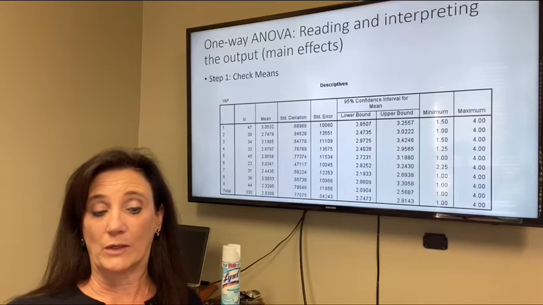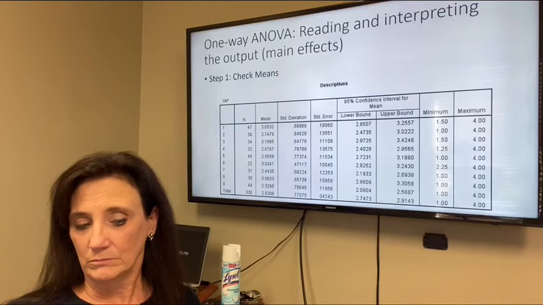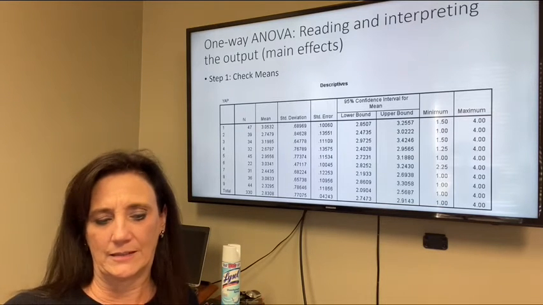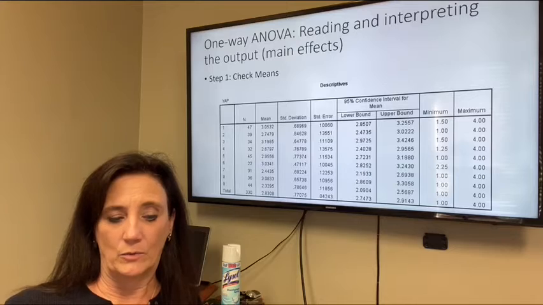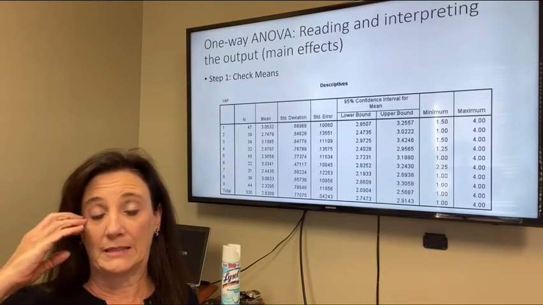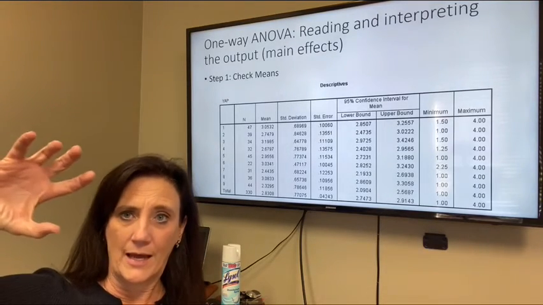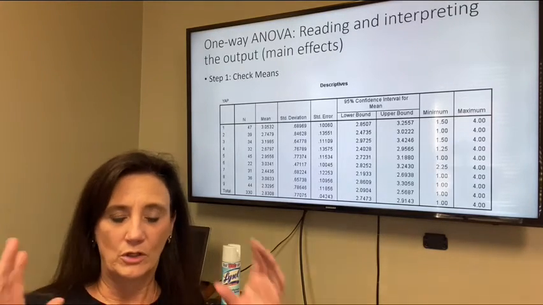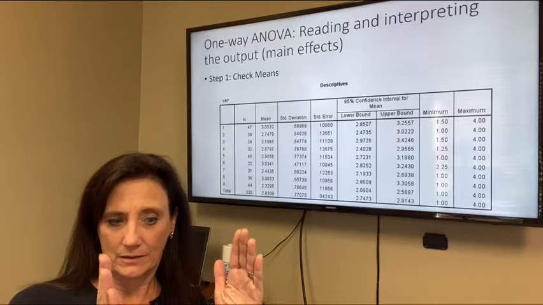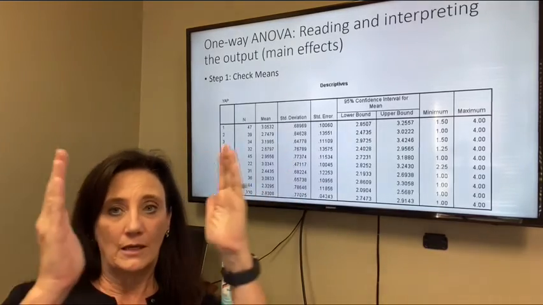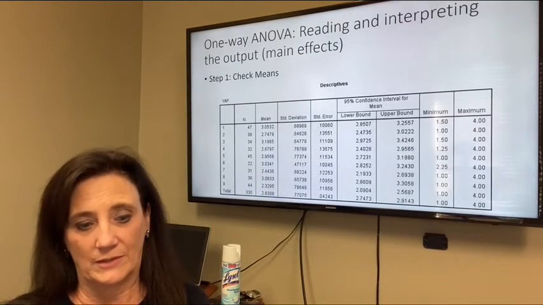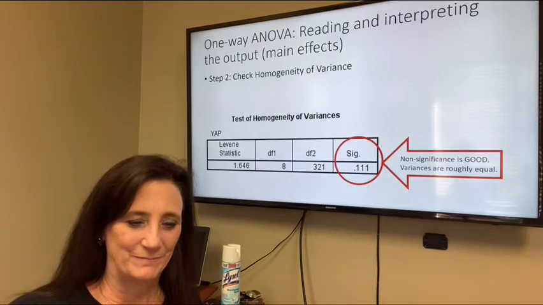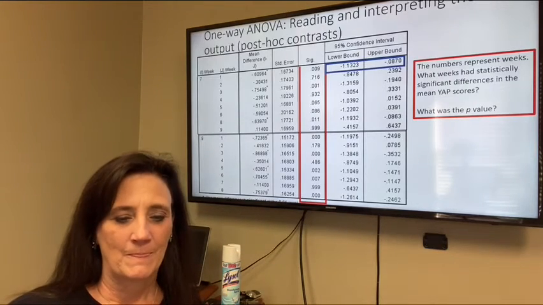And the mean for week 3, 3.20. So essentially what you're seeing is week 9 was so low on the mean that those others that had high means were significantly different. So you can take the mean table and overlay that with your significance table, and then it'll make a whole lot more sense. All right, let's skip ahead again.